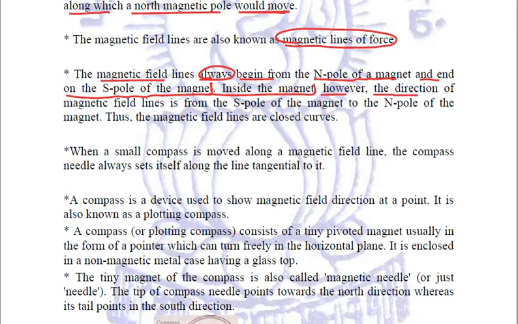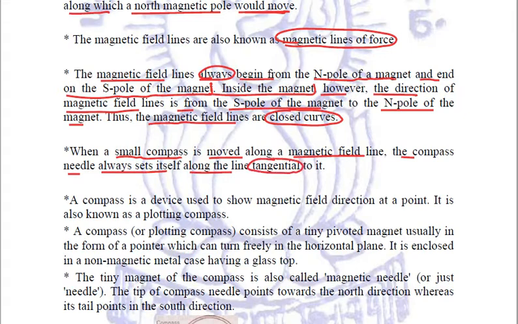However, the direction of magnetic field lines is opposite, that is, from the south pole of the magnet to the north pole of the magnet outside. So we can say that the magnetic field lines are closed curves. Clear? Now, whenever a small compass is moved along a magnetic field line, the compass needle will always set itself along the line tangential to it.